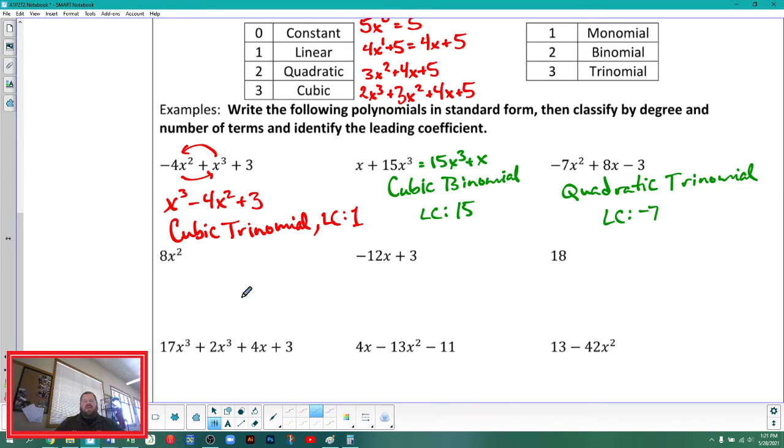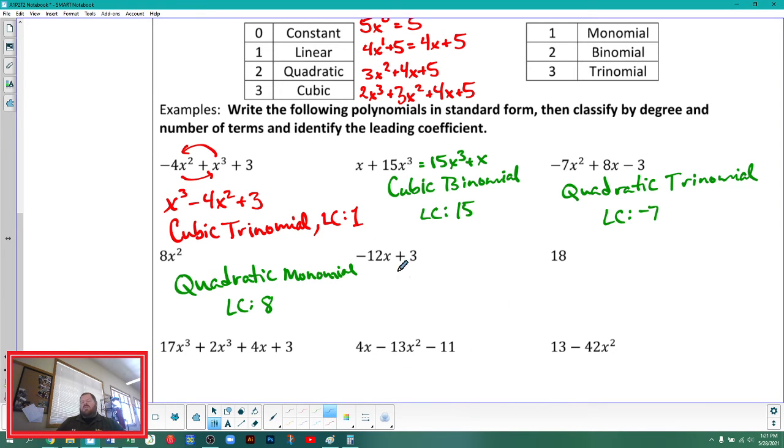The next one, anything with 1 term is automatically in standard form. This is a quadratic because of the squared. It's a monomial, there's only 1 term, with a leading coefficient of 8.